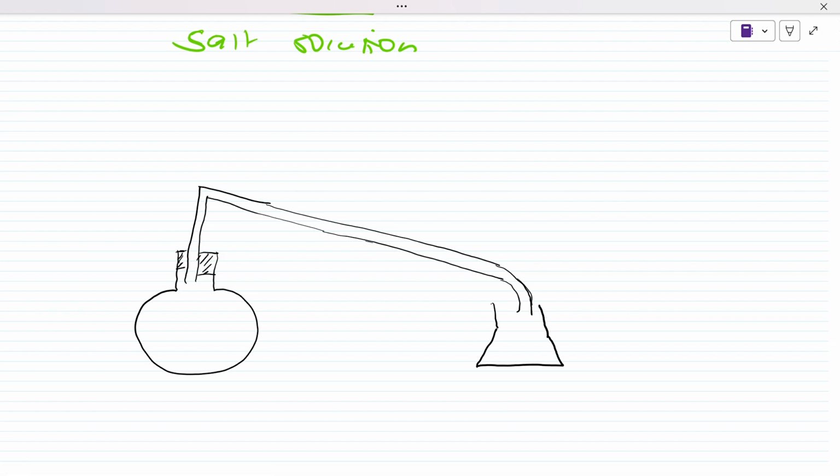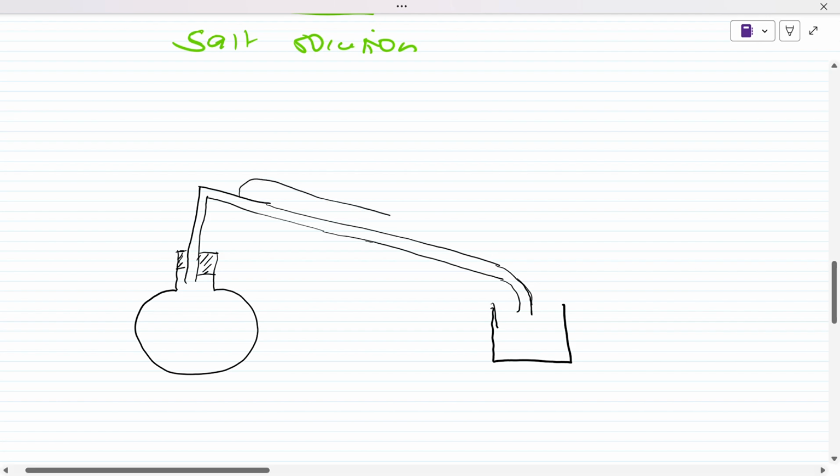Let me draw it very well. I'm a little bit sketchy. Yeah, let me put it as a beaker in simple terms. I'm going to have a beaker. Now, this delivery tube is supposed to be connected to a condenser.